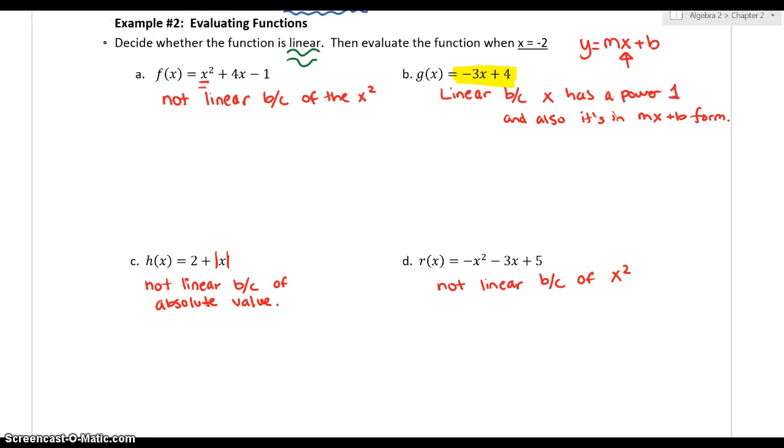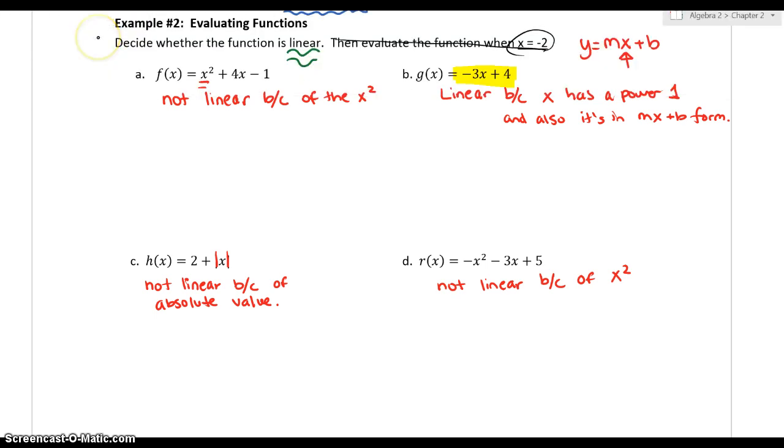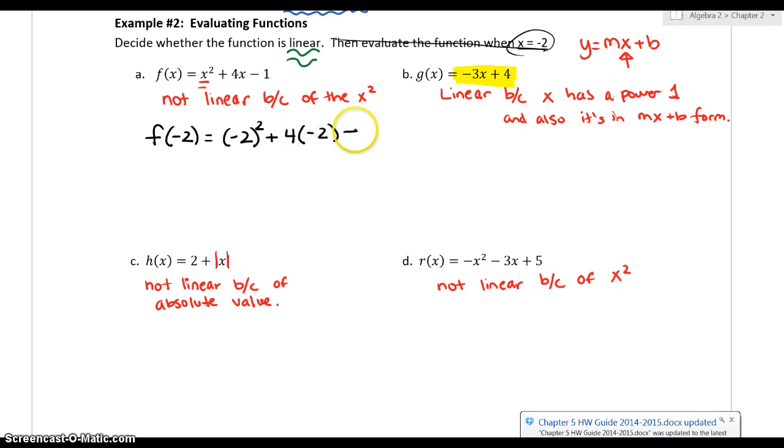Alright, it says then evaluate the function when x equals -2. I will do A and B with you and let you go. We're going to replace x with -2. Notice that every time I put -2, I'm putting parentheses, especially if they're not there to begin with.